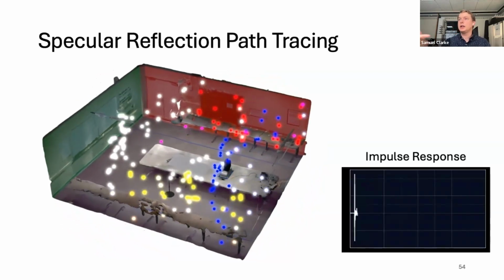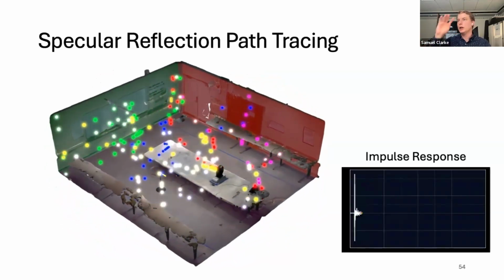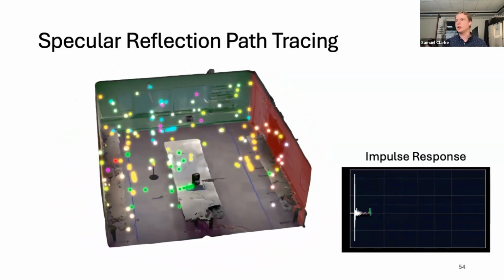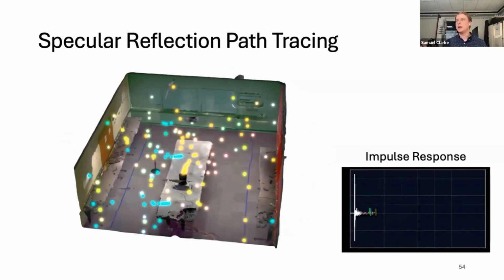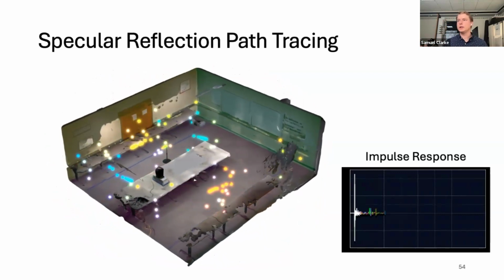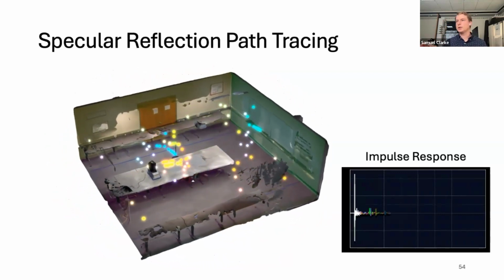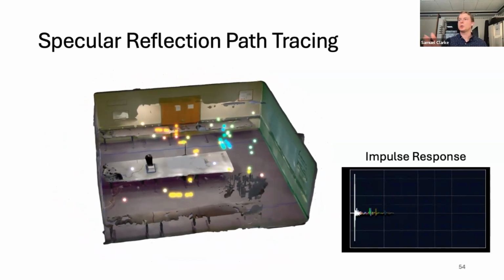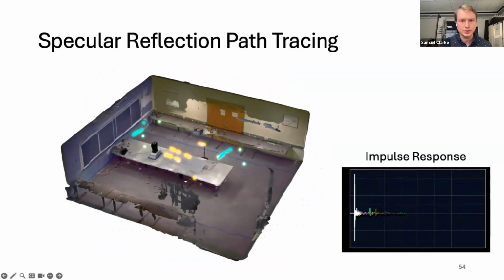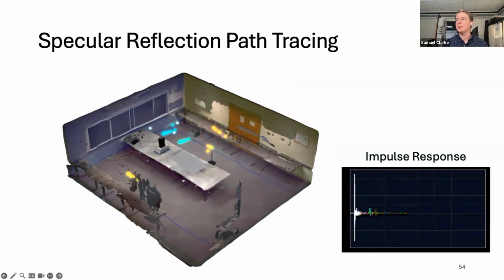So here we'll see how these different rays, each represented by a dot, travel. Each ray is striking each wall, and each wall essentially is a frequency filter on that sound. And then over time, these different rays, depending on the angle and the sequence at which they emanate from the speaker, start to arrive at the microphone at different times, and then they show up in this impulse response at different times.